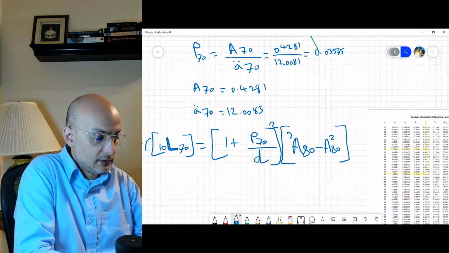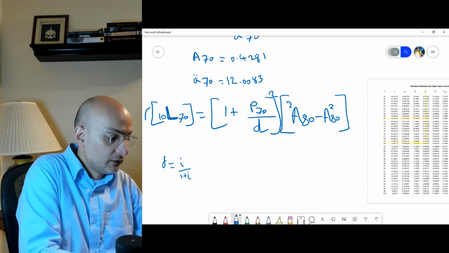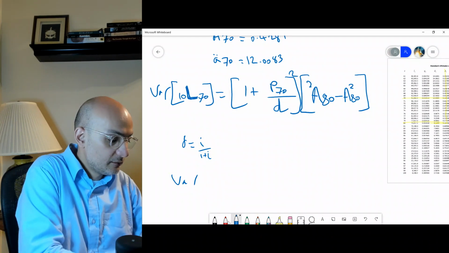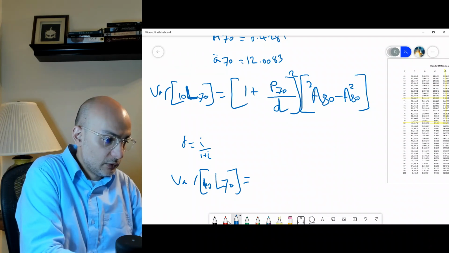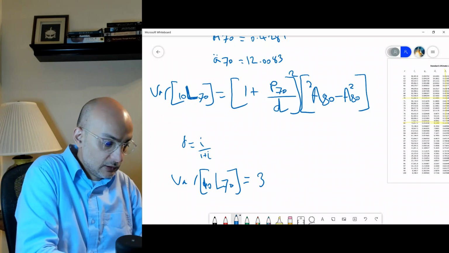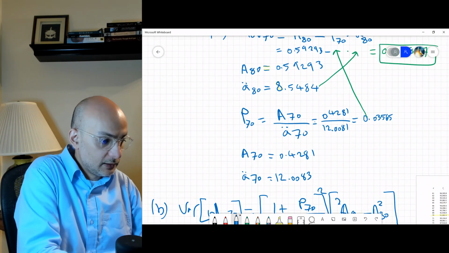We calculated it. d is i over 1 plus i. So if you do this variance of 10L70, which will be, if you take this one, what the calculation divided by d raised to 2, I got the 3.058, and this A80 we already got it here, right?